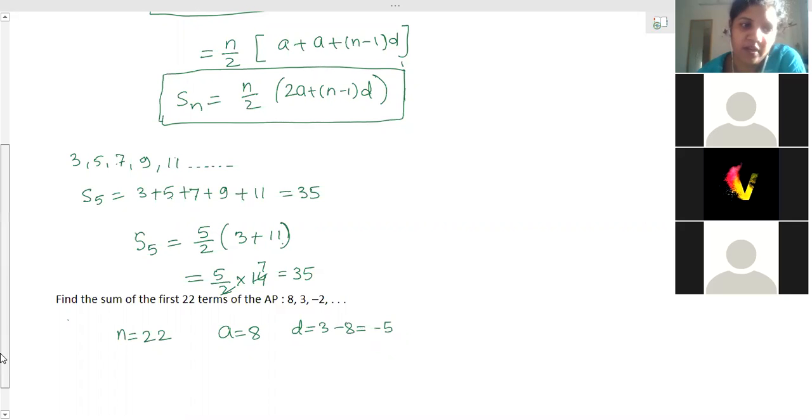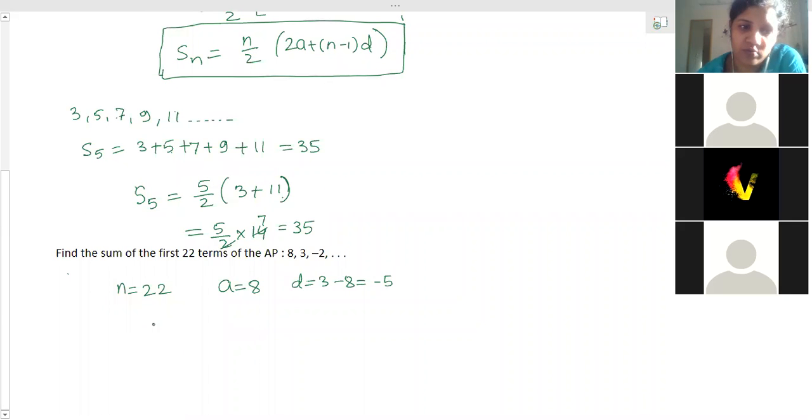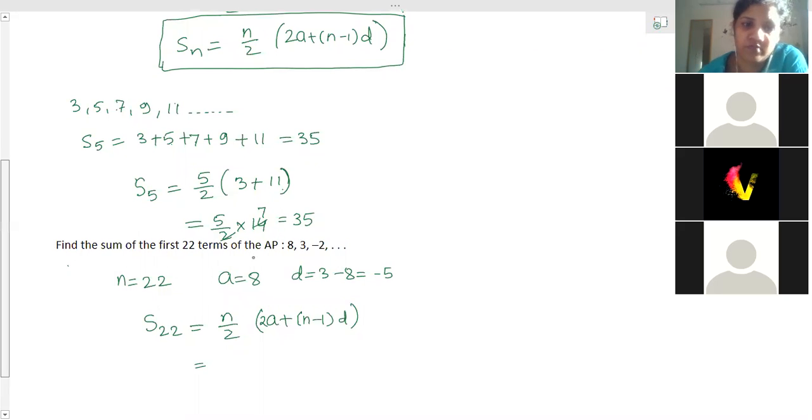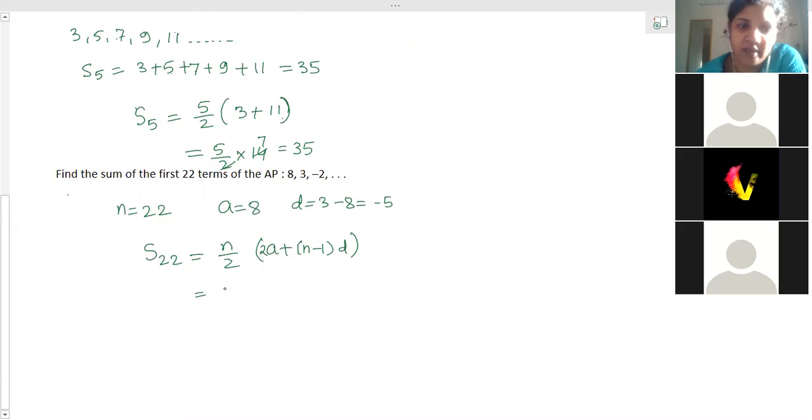Then use the formula Sn, that is S22, which is equal to n by 2 into 2a plus n minus 1 into d, because we don't know the last term. So 22 by 2 into 2 times a, that is 8, plus 22 minus 1 into the difference, minus 5.